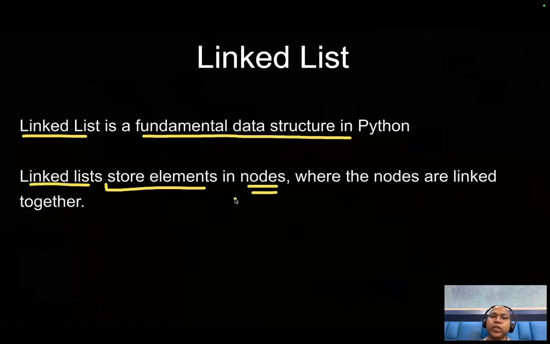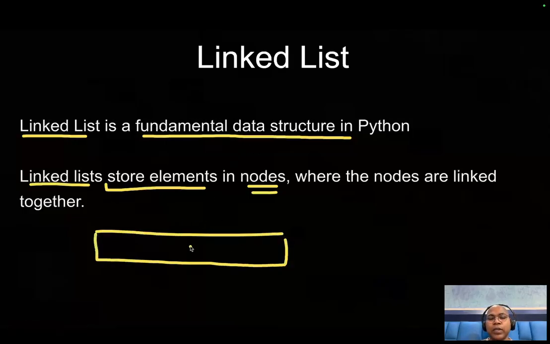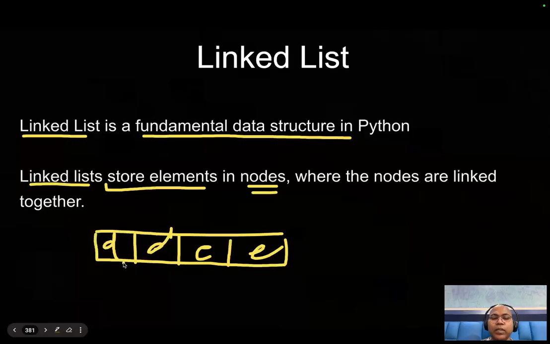Now here the new terminology to understand is a node. Previously in the list, we just created the list and stored our elements, our data. But here in a linked list, we require that each element know who is my next element.